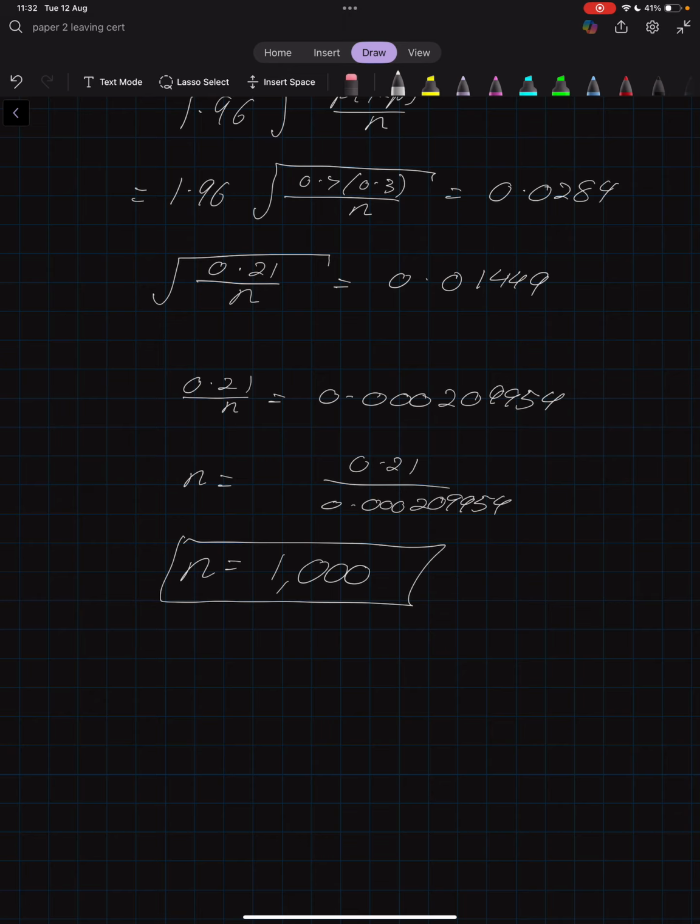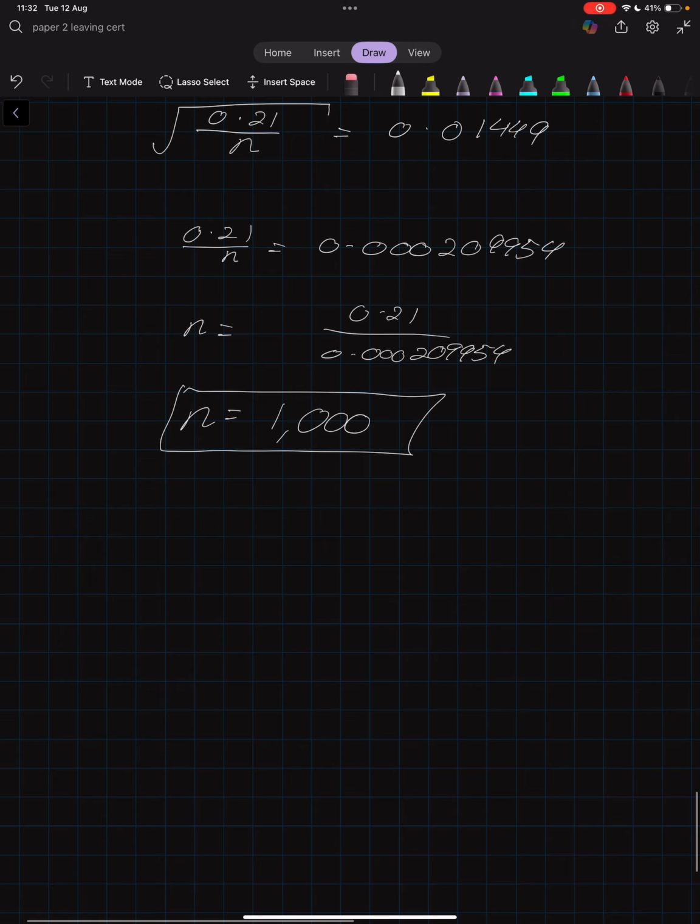Okay. The next one says, if the margin of error for a 90% confidence interval, so before it was 95, now they're changing it to 90. So they're saying if the margin of error, E, for a 90% confidence interval is equal to 1.645. Just remember, the only thing that's changing is the number in front.